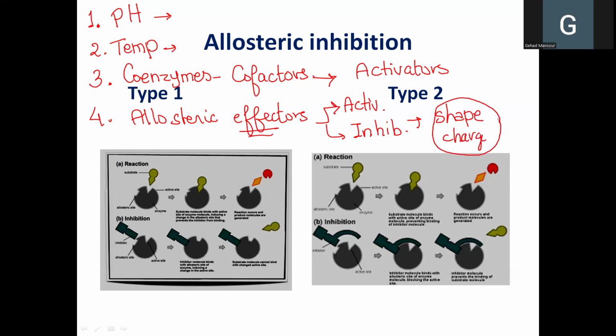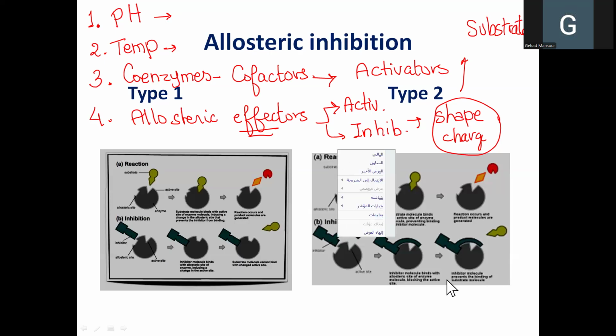If they become more favorable to what? To the original specific substrate, then it will be an activator. If it becomes unfavorable, and the enzyme is no more capable of binding, then it is an inhibitor. And actually, we can say that these allosteric effectors work only on allosteric enzymes.